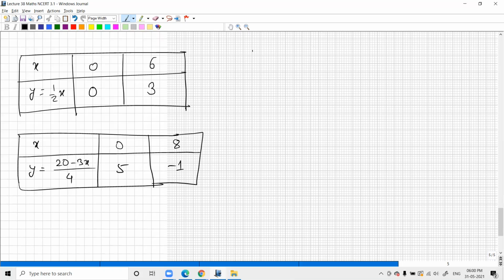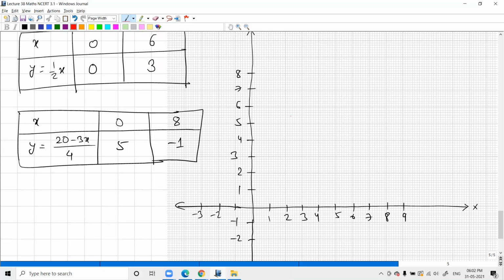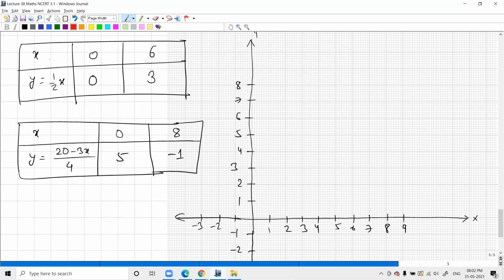Yes. Okay, now when you are plotting the graph, okay, so that's my graph ready. Plotting the first one, 0 comma 0. So 0 comma 0 will be at the origin, of course.